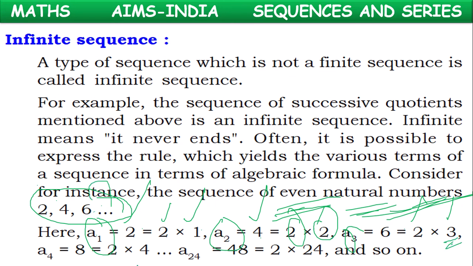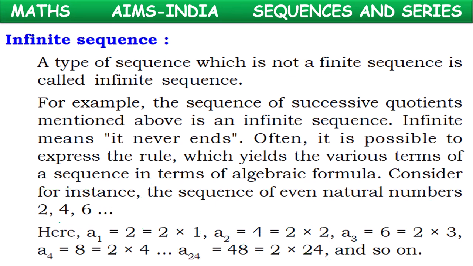Next, if you want the fourth element, we multiply 4 with 2, and 8 will come. If you want the fifth element, we multiply 5 with 2 and get 10. If you want the 24th element, we multiply 24 with 2 and get 48. Like that, with the help of the given terms in the infinite sequence, we can establish a relation between them, and we can have an algebraic formula for every term, and with the help of the algebraic formula we can find the various terms of the sequence. That is about infinite sequences.